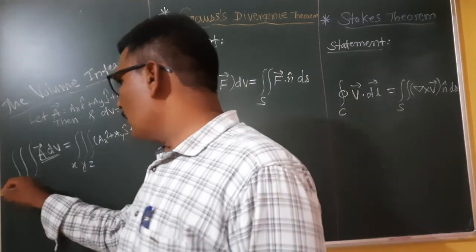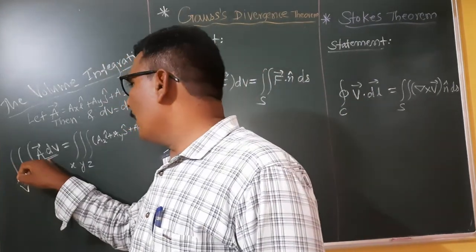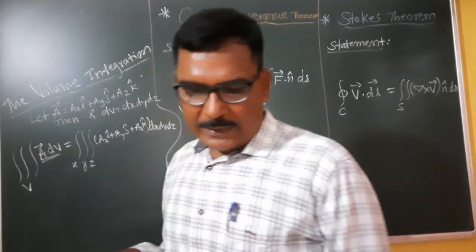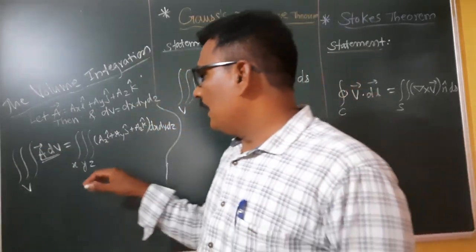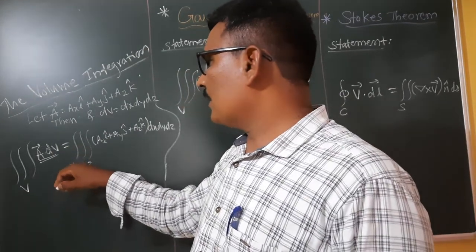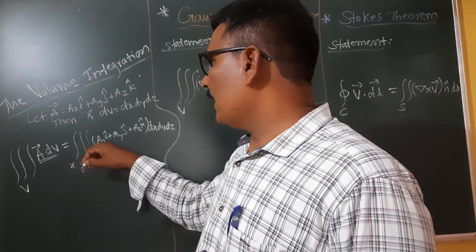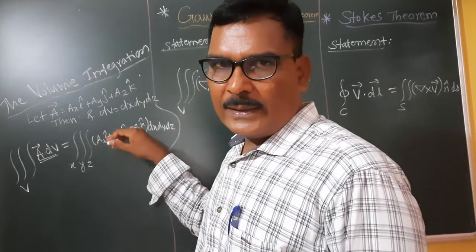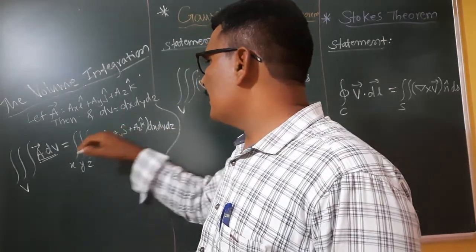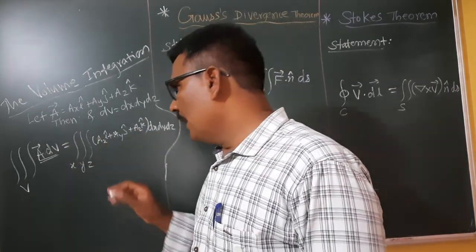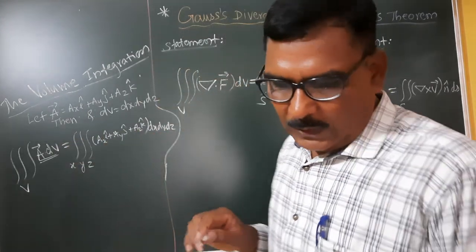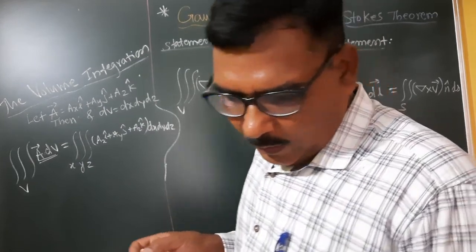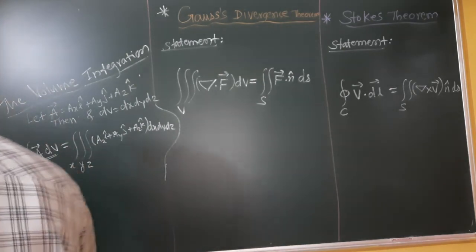Volume integration over the volume V, where A bar is the vector and dv is the volume element, is the integration over x, y and z of Ax i cap plus Ay j cap plus Az k cap, with dv equal to dx dy dz. Now we separate the integration and take i cap, j cap and k cap as common factors.